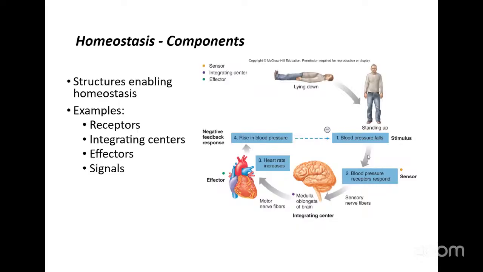We said there are a bunch of different body systems involved in maintaining homeostasis. Depending on exactly what regulated variable we're talking about, that might involve different organ systems, but the general process is the same.